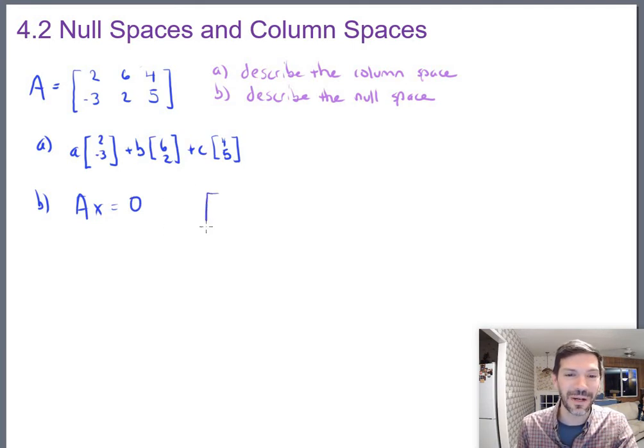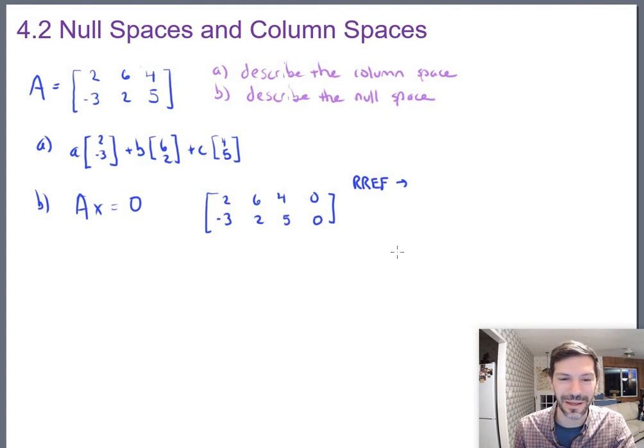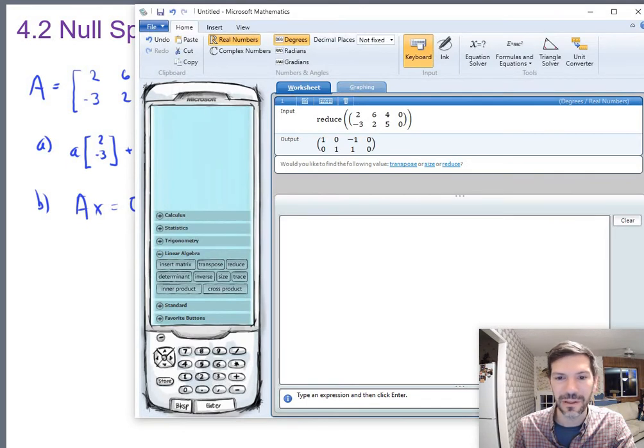And again, probably our most efficient way to do that is good old-fashioned augmented matrix and row reduce, all the way back to chapter 1. So row reducing that guy, and again, you should be able to do this by hand, but 2 and negative 3 aren't my favorite numbers, so you should be able to use a calculator on this as well. Totally fine. Row reducing by hand is not the point in this section.